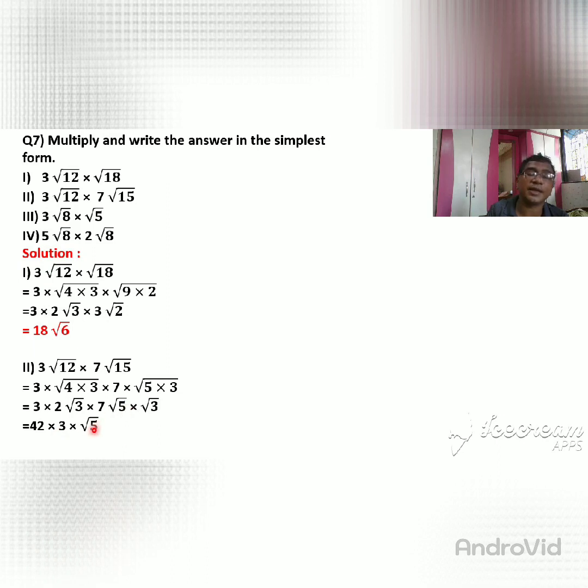And this root 5 remains as it is. Any doubt? 3 times 2 is 6, 6 times 7 is 42. Root 3 into root 3, you get 3. Then root 5 remains as it is. 3 times 2 is 6, 3 times 4 is 12. So 126 root 5. Okay, that is the answer.